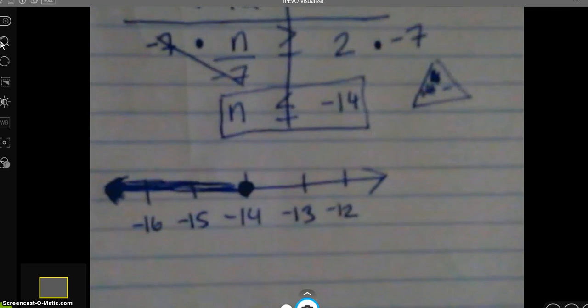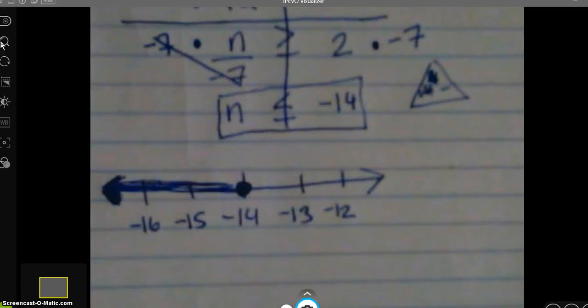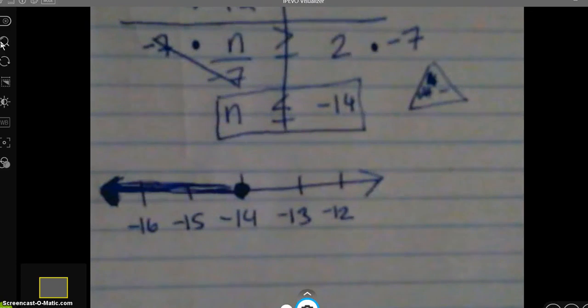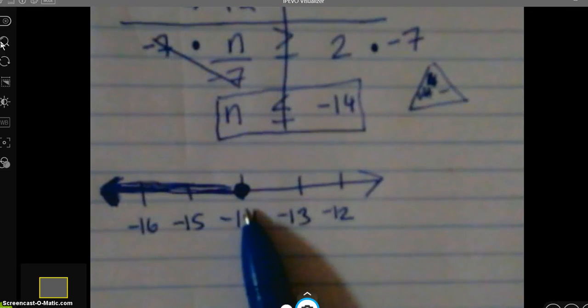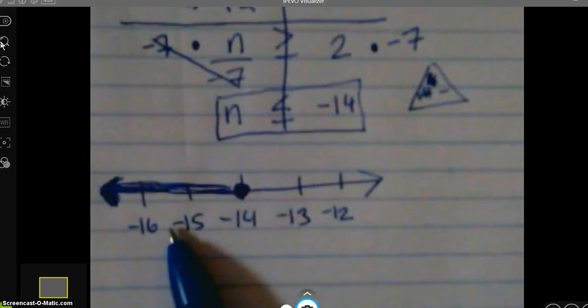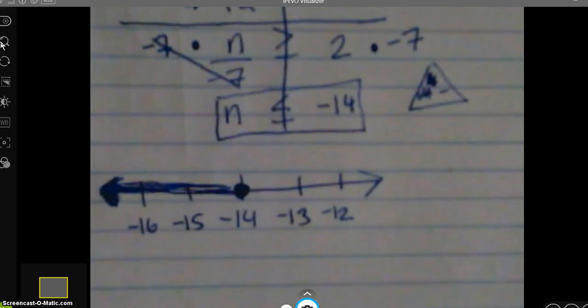It's pointing to the left, so I shade left. Not a very beautiful arrow, but hopefully you get the gist. And now I can tell that my answer is anything that is negative 14 or less. And when I say less, I mean more negative.